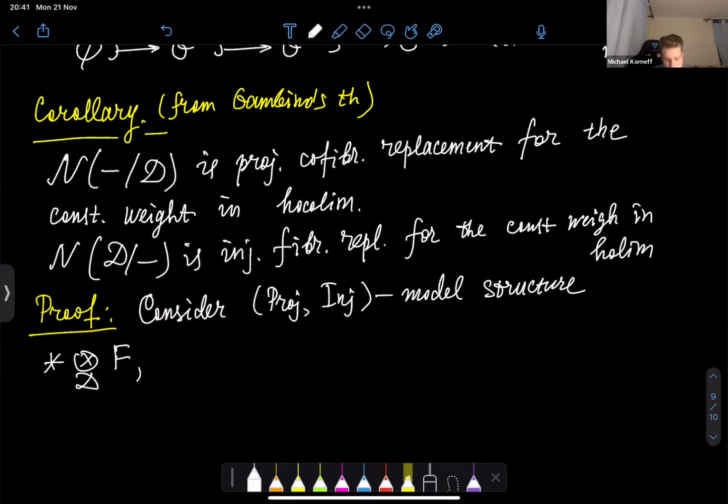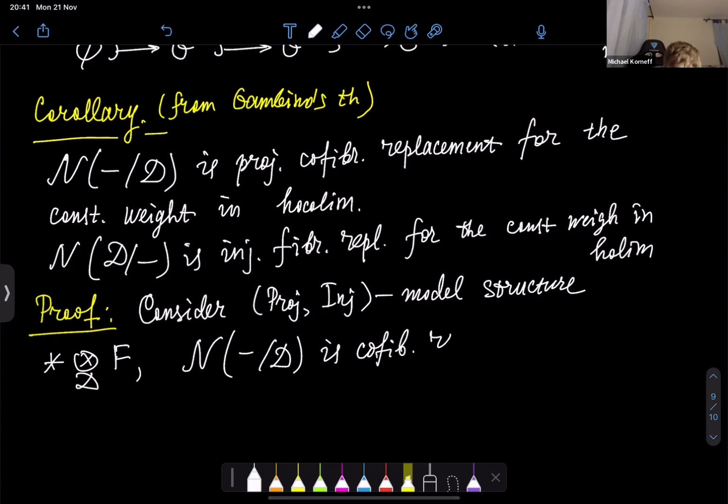We only should prove that this functor is a cofibrant replacement, but it follows from the inductive construction of this functor.